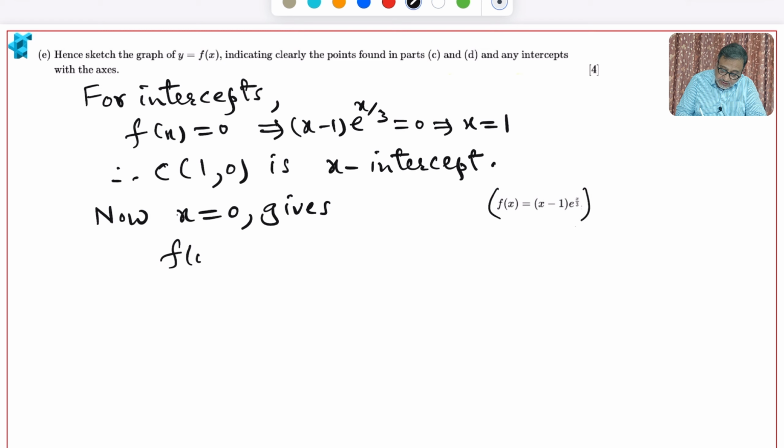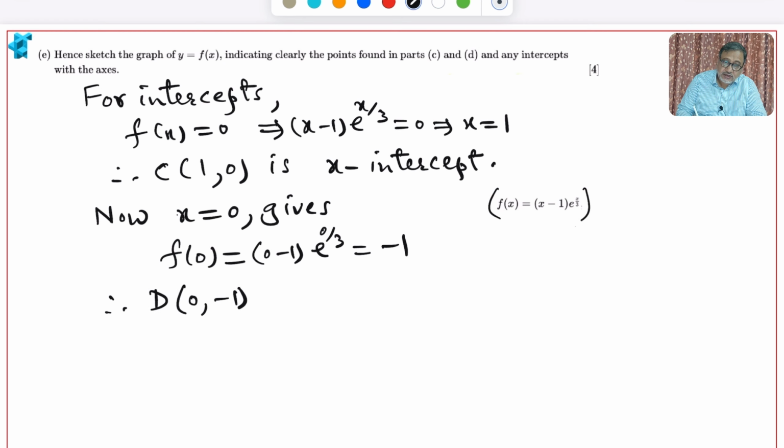So f of 0 will be from this, look here, in this I am putting x as 0. So 0 minus 1 e raised to 0 by 3, e raised to 0 by 3 will be 1, so minus 1. So therefore D, 0, minus 1 is the y intercept, right?